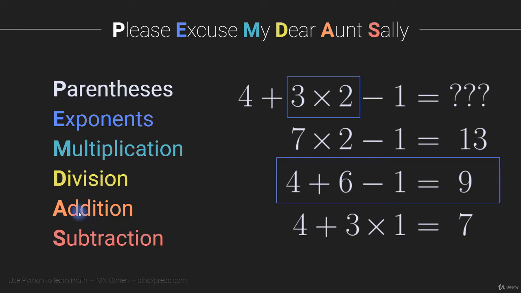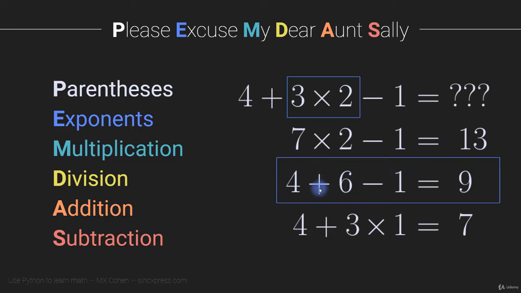So when you see addition and subtraction, it's not necessarily the case that addition always takes priority over subtraction. Instead, you interpret them left to right. So the correct grouping here would be 4 plus 6 gives you 10, and then minus 1 equals 9.